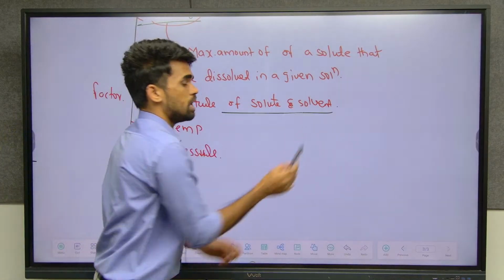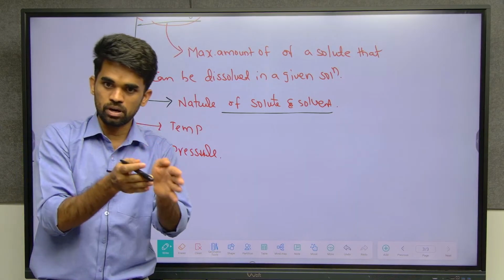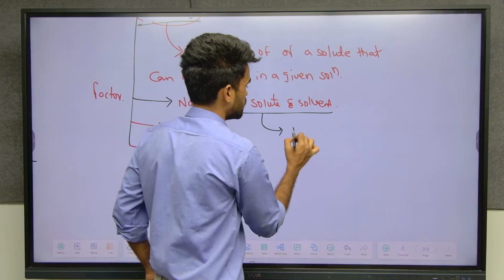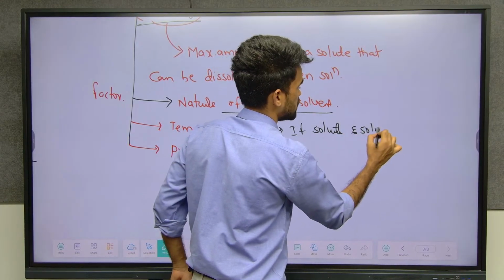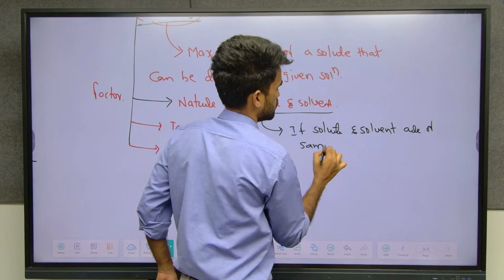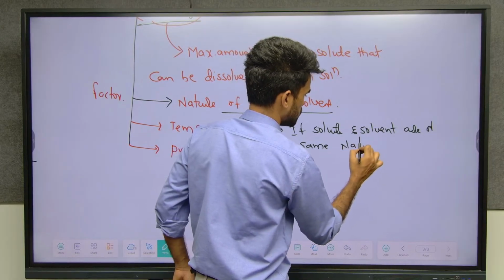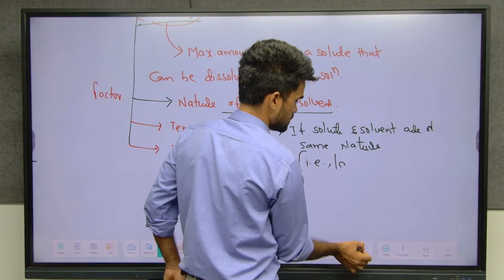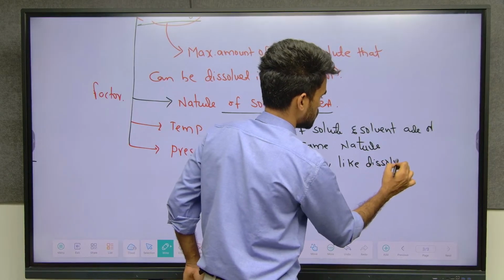Okay. First thing is nature of solute and solvent. See, we know like dissolves like, that statement, you know that? Polar compounds dissolve in polar, non-polar in non-polar. Okay. So just write a small statement. If solute and solvent are of same nature, that is like dissolves like.